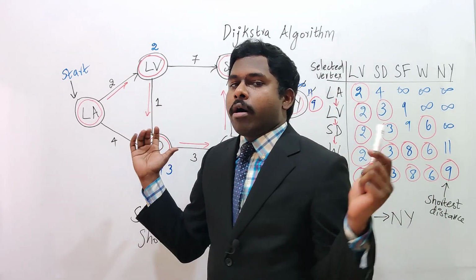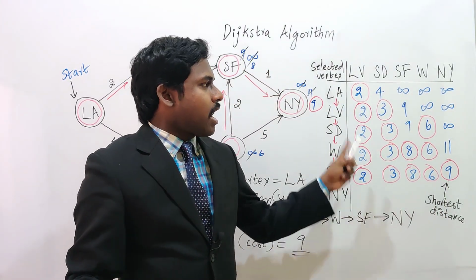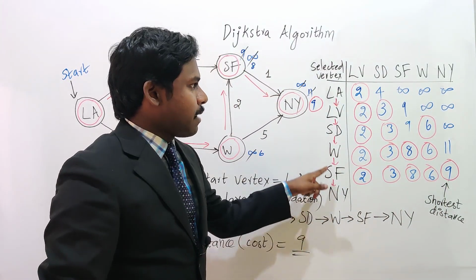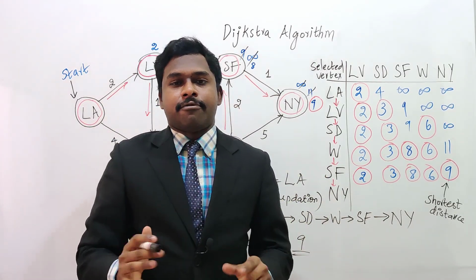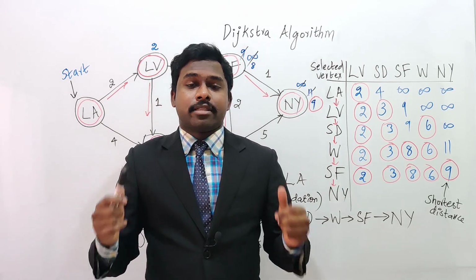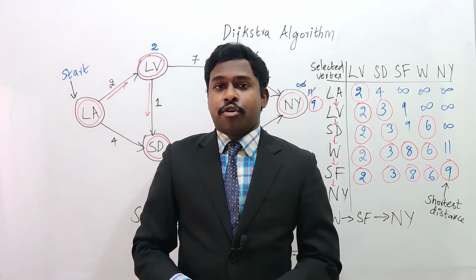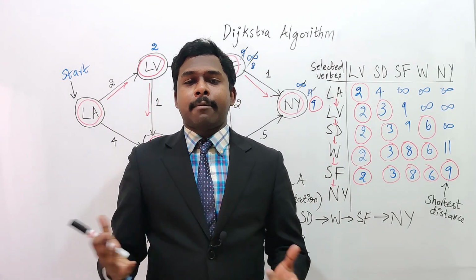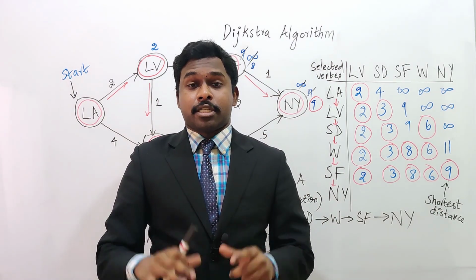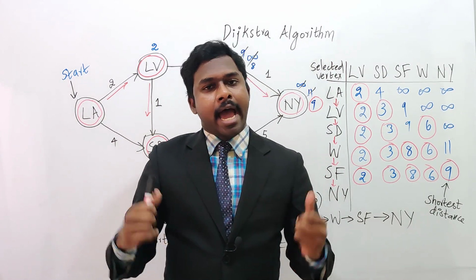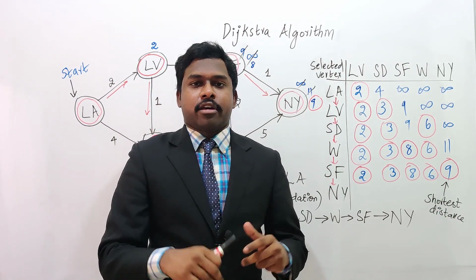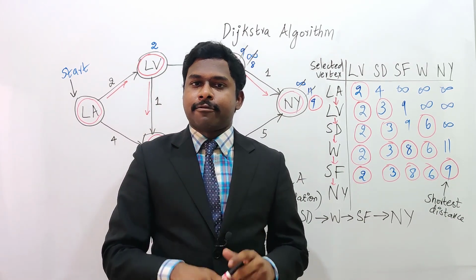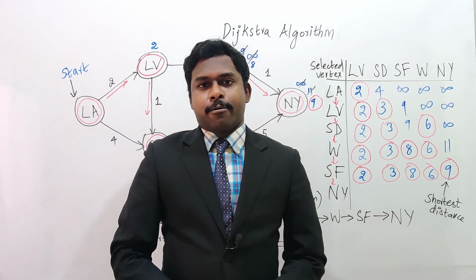You have to illustrate with a table, and with the help of this graph you'll be able to find the solution very quickly. This is also very useful for solving many problems in data structures and algorithms in which you have to find the shortest path. I hope you got some valuable information about how you can find the shortest path between two nodes in a graph. Thank you very much for watching this video.